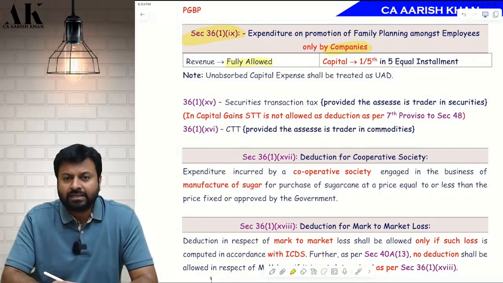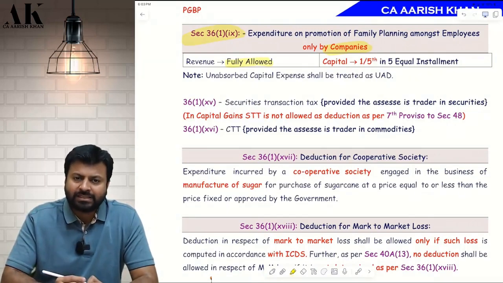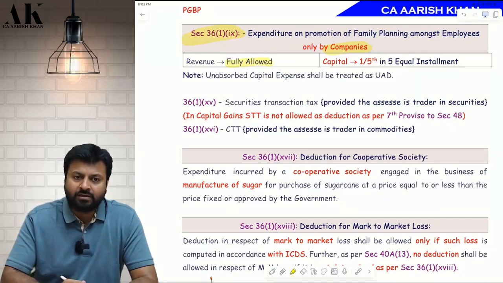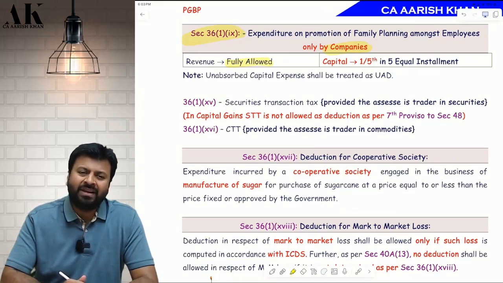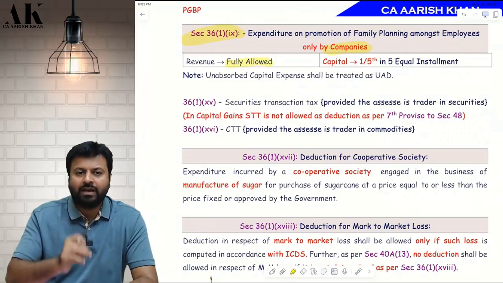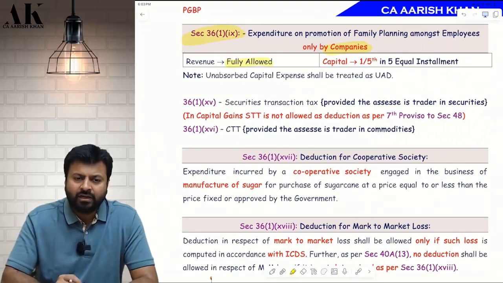But if the company is incurring a capital expense, then the capital expense will be allowed in 5 equal installments. It will not be allowed in one shot. Are you clear? So the capital expense will be allowed in 5 equal installments and the revenue expense will be fully allowed.